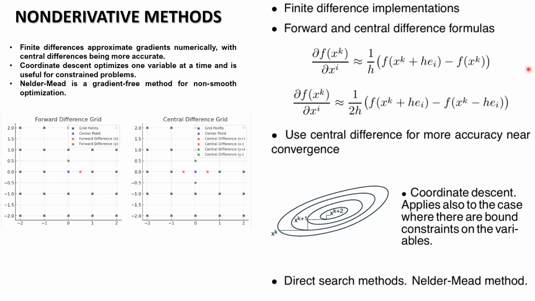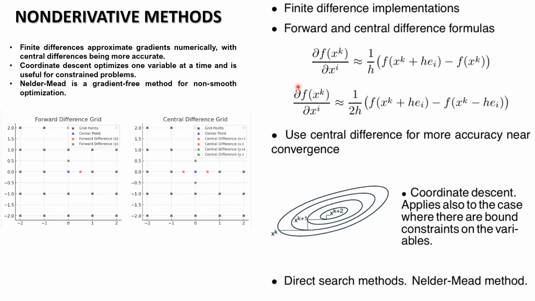For example, for finite difference methods: in optimization we often need the gradient nabla f, but computing it analytically can be difficult or impossible. Instead, we use finite differences to approximate derivatives numerically.